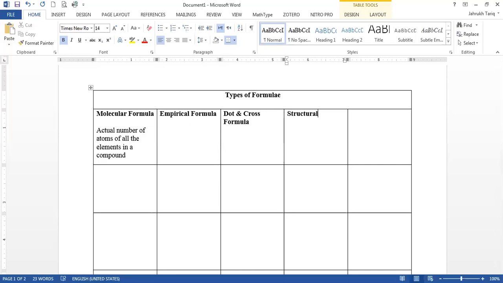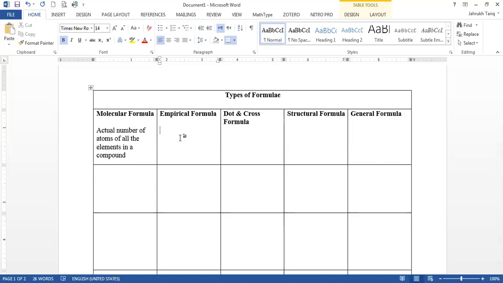Why don't we ask a girl? Zoha, are you here? Yes, sir. Zoha, can you define empirical formula for us? Let me remind you that we studied it back in the 6th chapter. If you don't remember it, that's fine. It shows the simplest ratio. Simplest ratio of what?